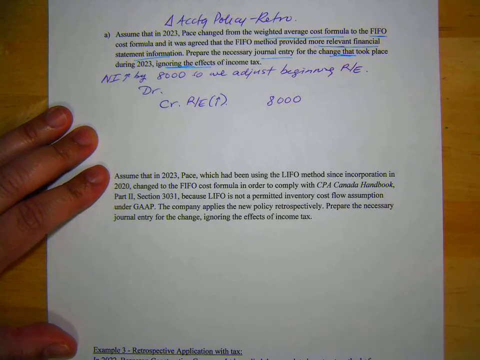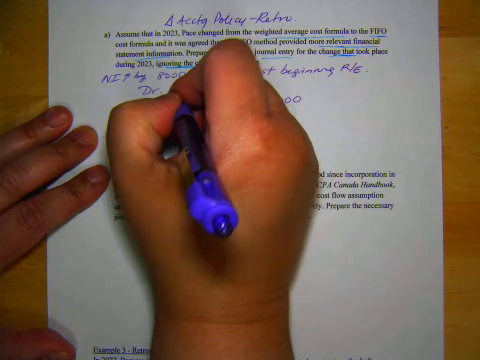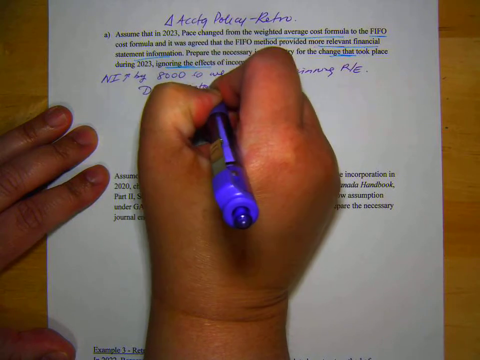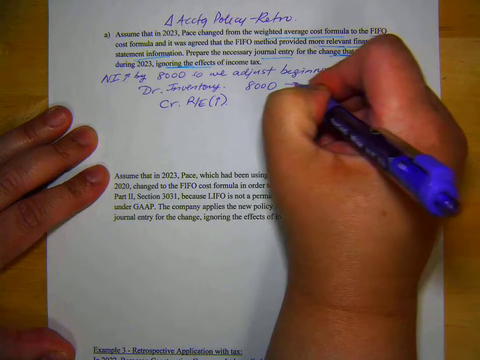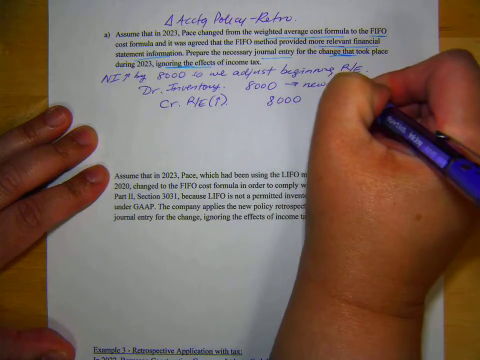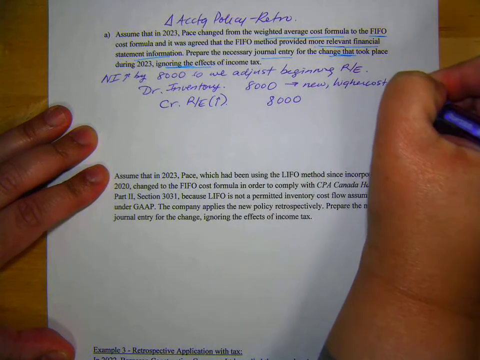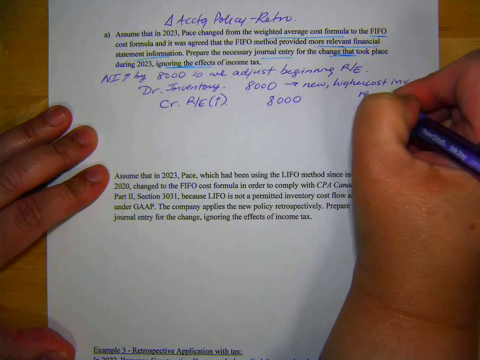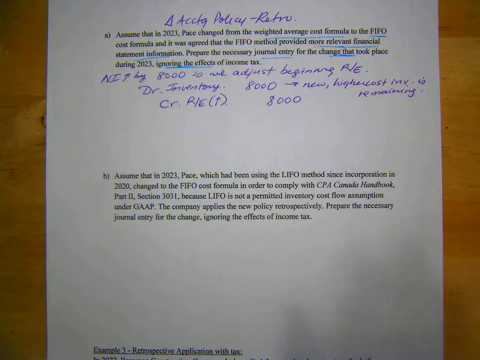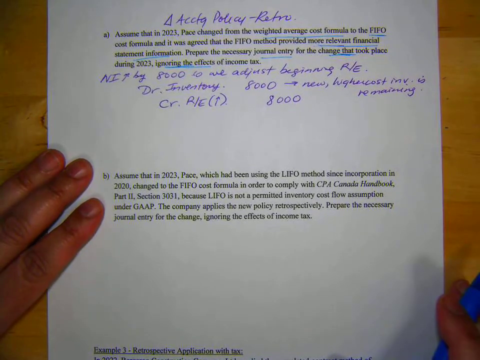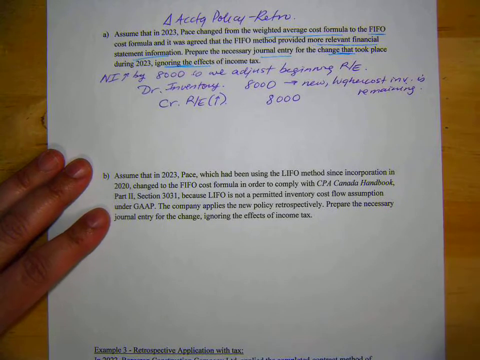Now, we're going to put the difference into inventory, because new, higher cost inventory is remaining. Now, remember this is periodic, so that's going to mess things up.